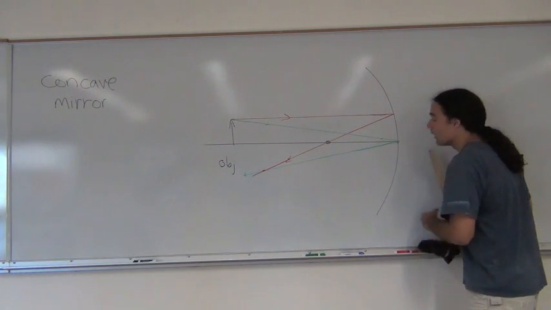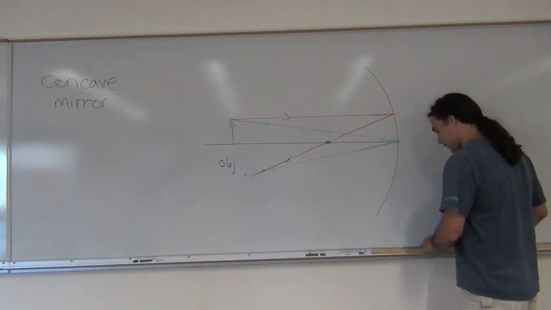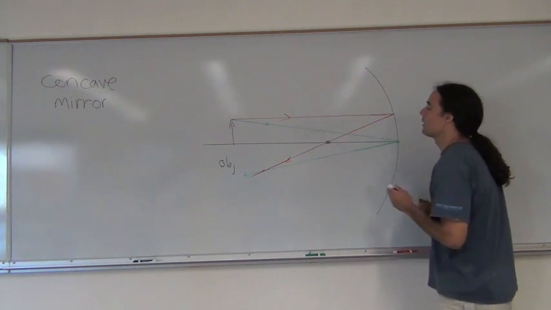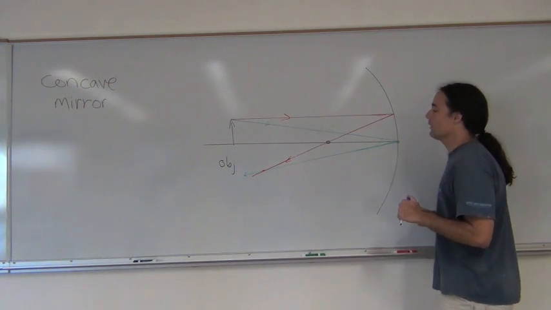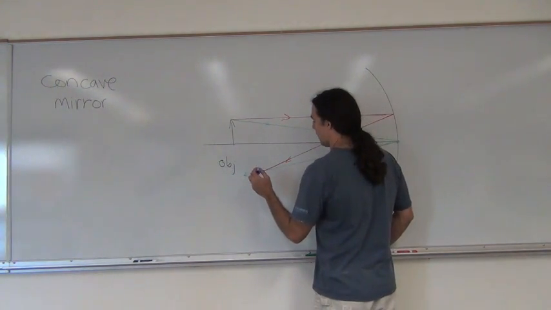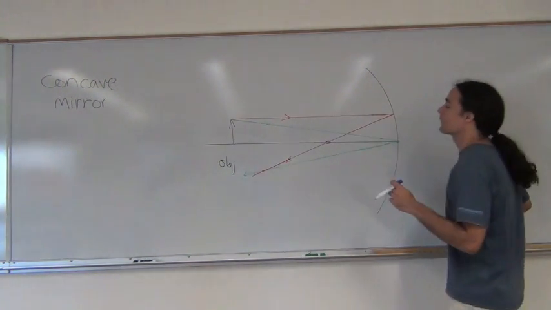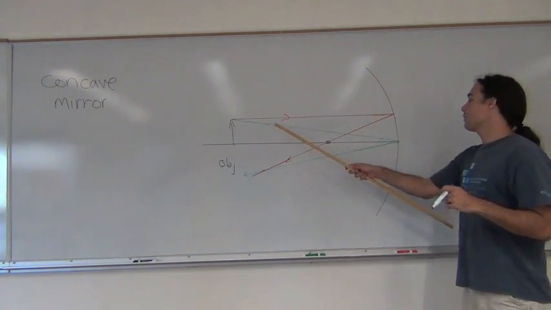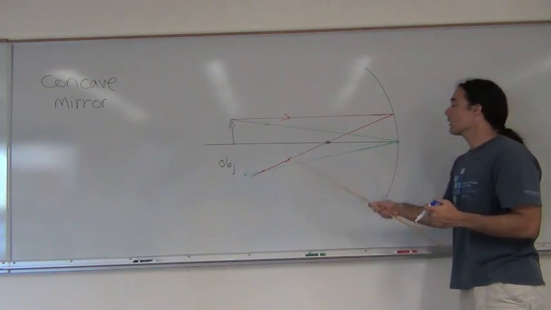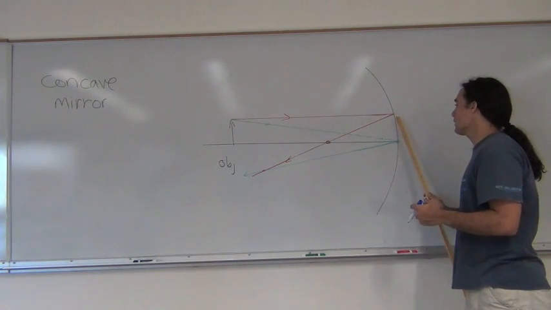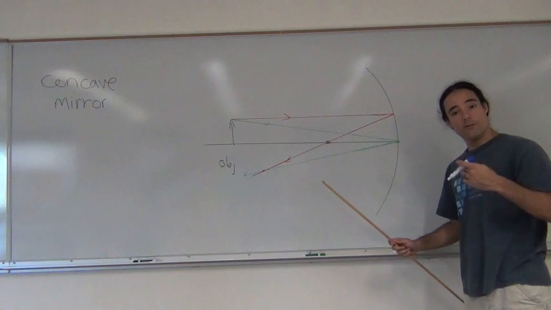Let's see if we can do one more line. So I've hit the center of the mirror. I've come in horizontally and gone out through the focal point.